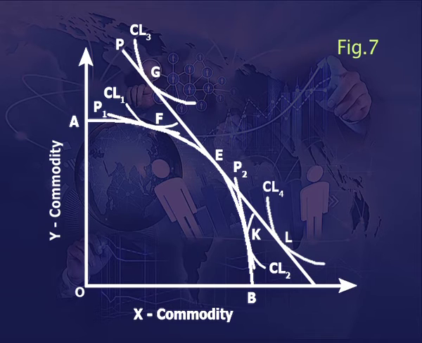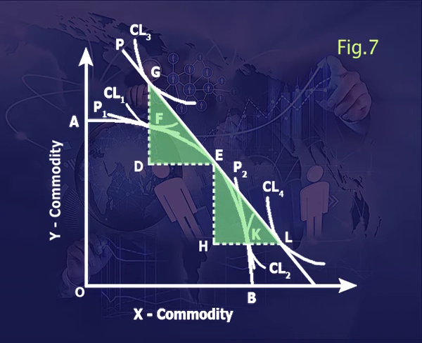Both points G and L show the pressure of higher demand for both commodities in the two countries. Trade between the two countries will be on the basis of trade triangles, which are GED and ELH.